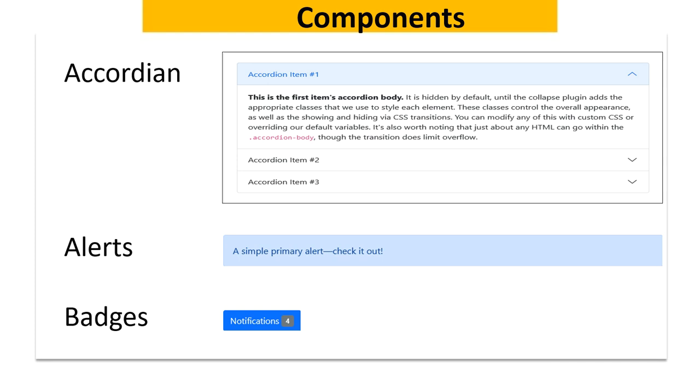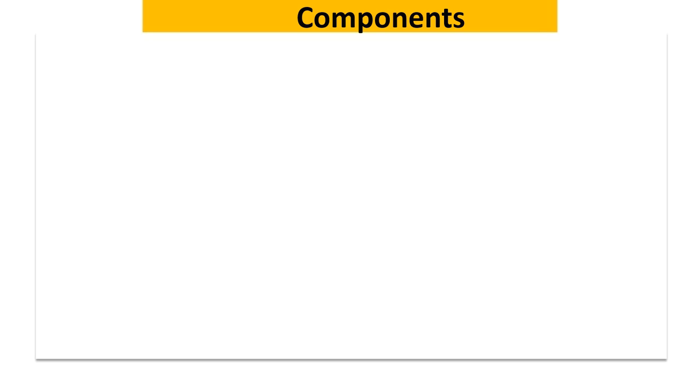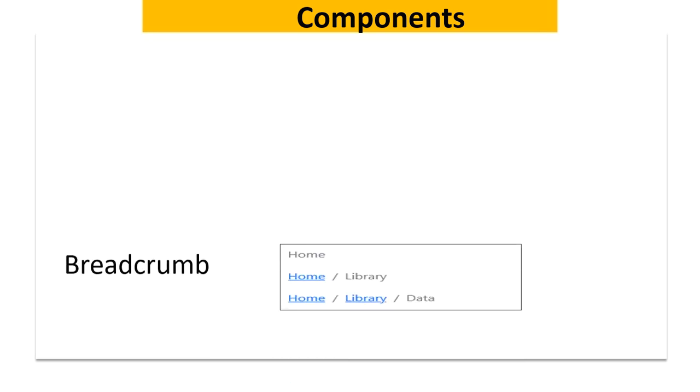In the Gmail inbox, beside the inbox link, you can see how many mails are unread. So some real-time information we want to display to the user at that time. In Bootstrap we use badges. So all these components, you don't need to write the code. They are provided by Bootstrap by default, and you can simply use them in your web application.